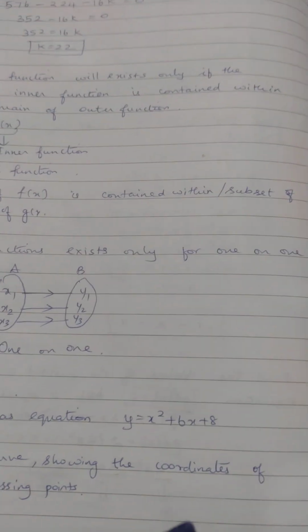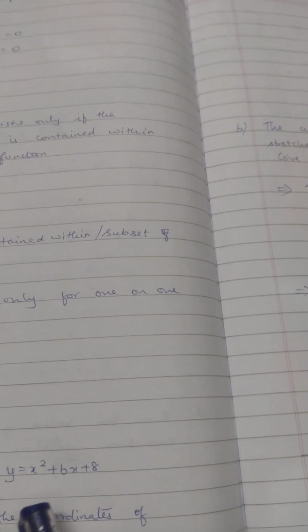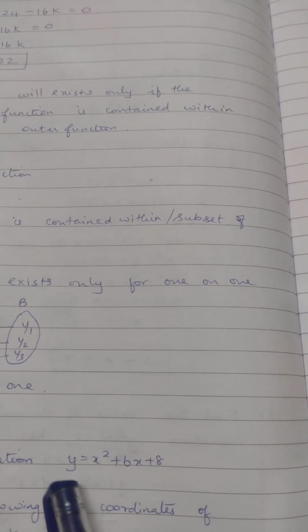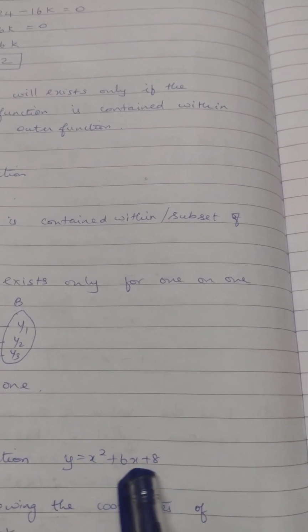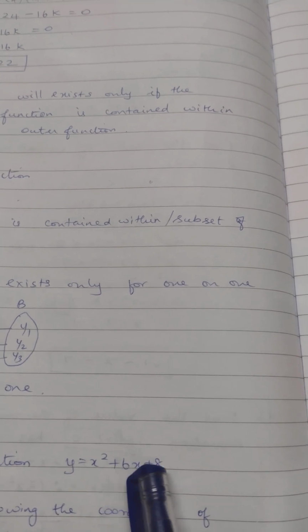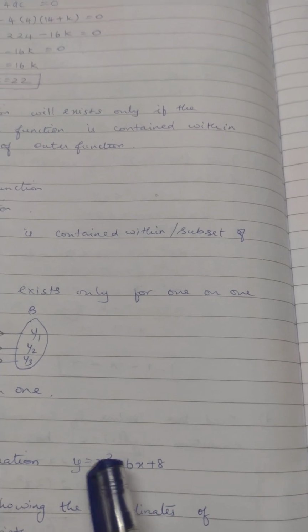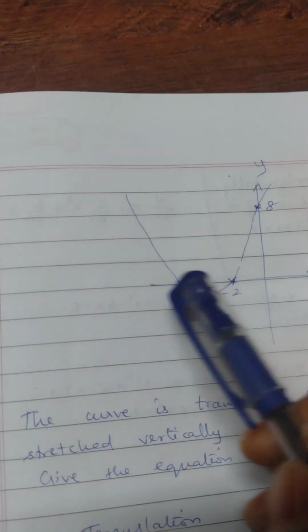And how do I get the points where it's going to cross the x-axis? If I substitute y value as 0, then I'll have to equate this quadratic equation x square plus 6x plus 8 is equal to 0. Since it's a quadratic equation, there will be two roots, two points where it is crossing, and I have found those two points as -2 and -4.